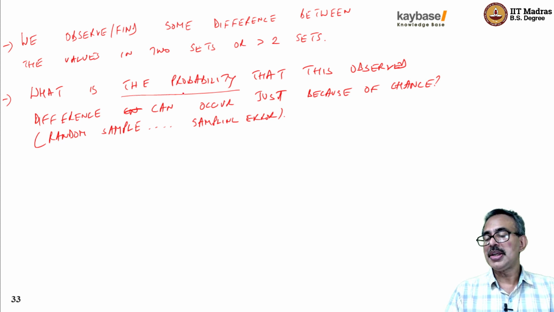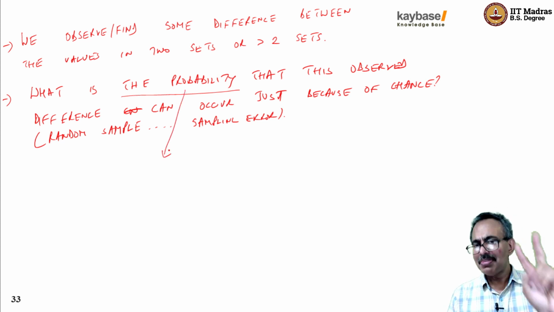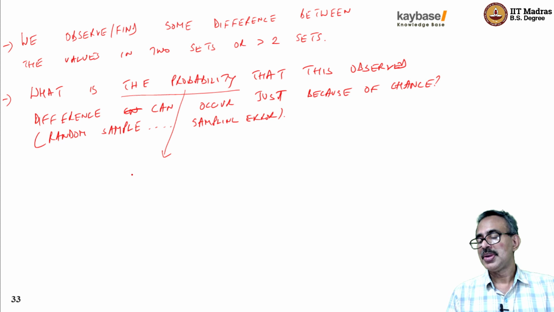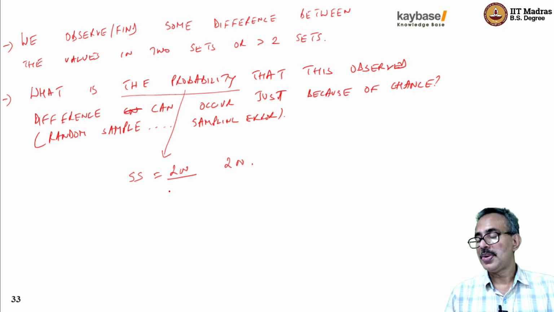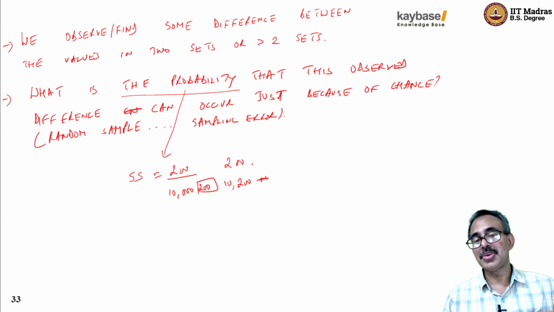And this probability it calculates taking basically two main things: the sample size based on which we have done the estimation. So in this example it was 200 for both the samples, and the two sets of data that we found. One of them said 10,000, the other said 10,200 in this particular example, and the difference is 200. Right? It takes these two things.